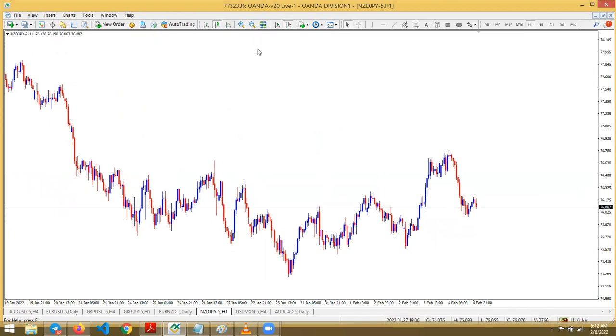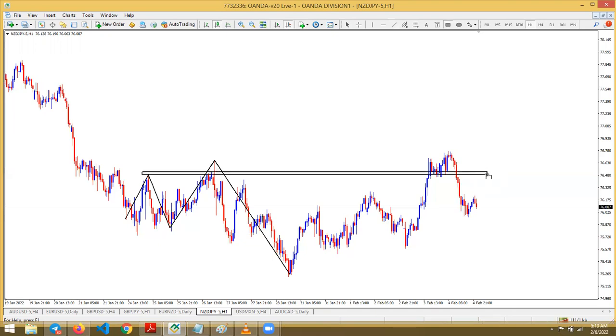Okay, perfect. Now notice here, we had what we call a QML. So you can see price from the high, then it went ahead to form a low. Then it formed the higher high, and then it formed what we call the lower low. So now, ideally, this is what we call a perfect QML, right?